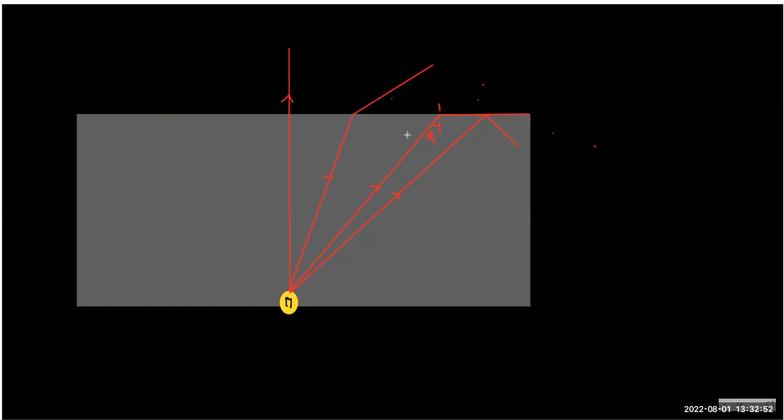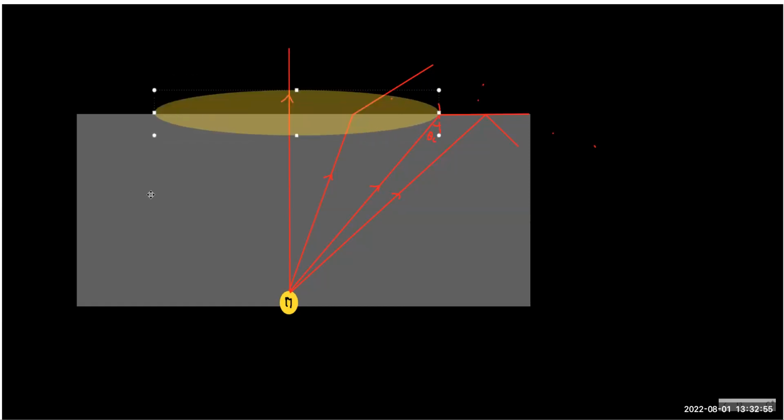In the surface, from all the conical directions, the light will come out, isn't it? And the rest of the part will be dark because light is not going on the other side. So you can see the light will only go up to the critical angle value, and beyond critical, light is not coming out of the surface.